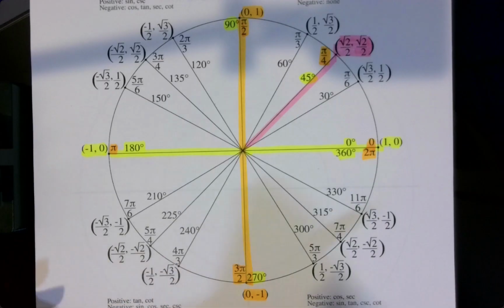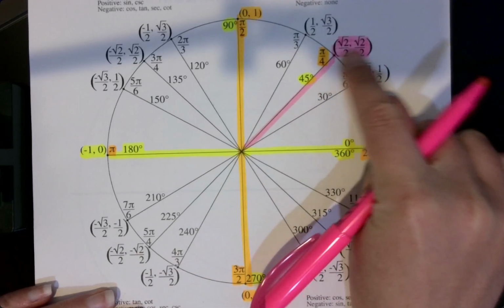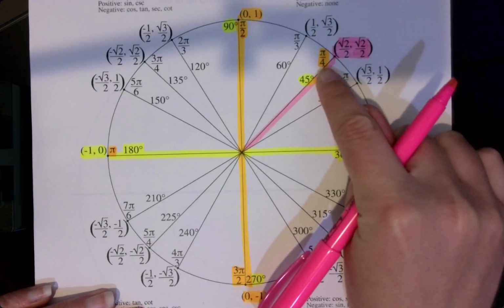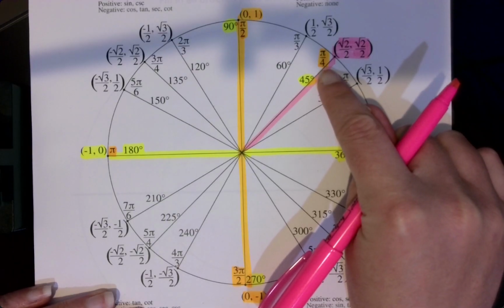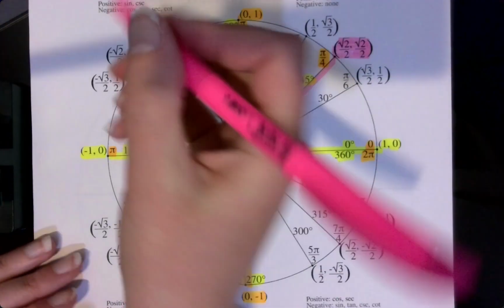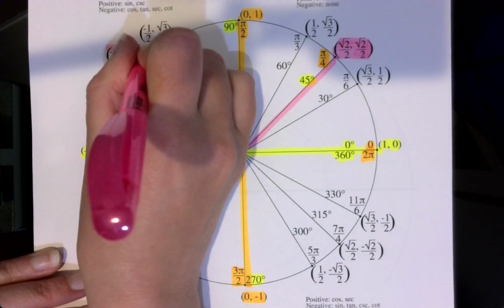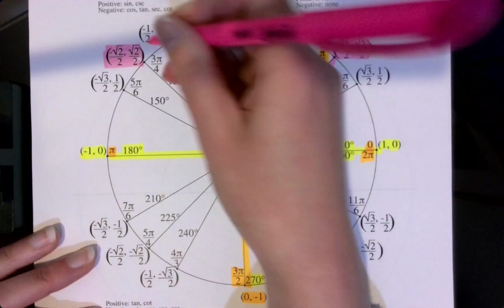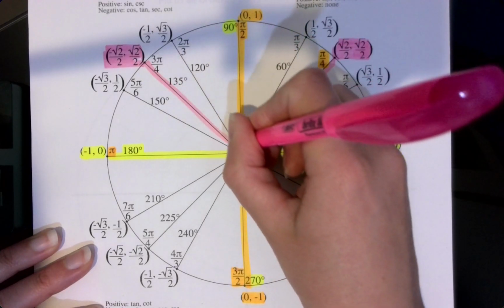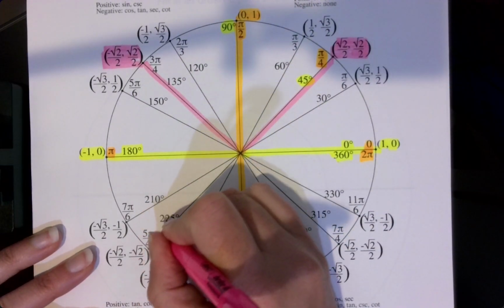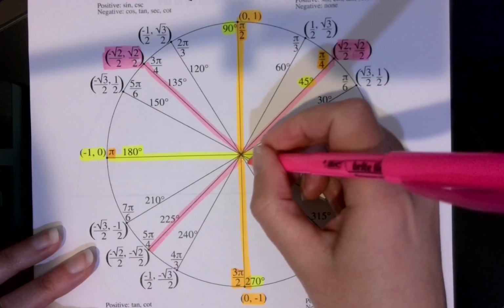Okay. Now, if I know the ordered pairs for the pi fourths angle here, I'm going to talk in terms of radians, then I should, by symmetry, be able to figure out the ordered pairs for any of the other angles that have pi fourths as a reference angle.